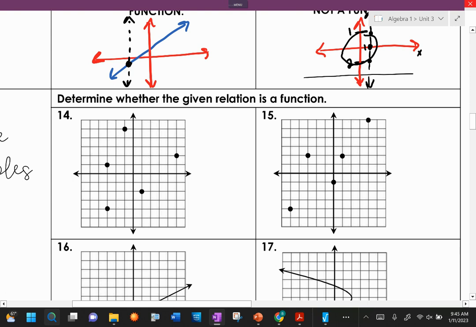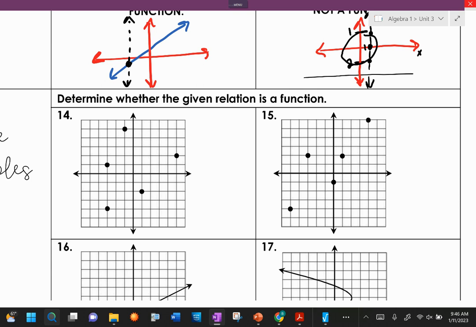So we're going to do some examples. All of these have points, but they do not have a line. So what we're looking at is points just kind of placed. If we were to connect these in some way, would it pass the vertical line test?